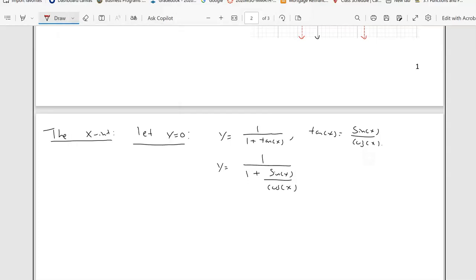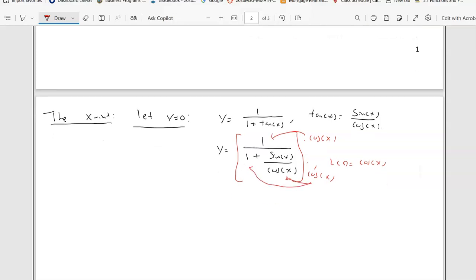And then what I'm going to do is I'm going to cancel the denominator. Your LCD is equal to the values of cosine of x. So multiply the top by cosine of x, multiply the bottom by cosine of x. And remember that this multiplies every element in the fraction.